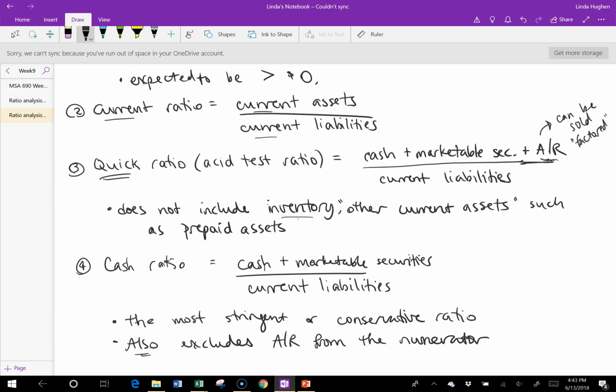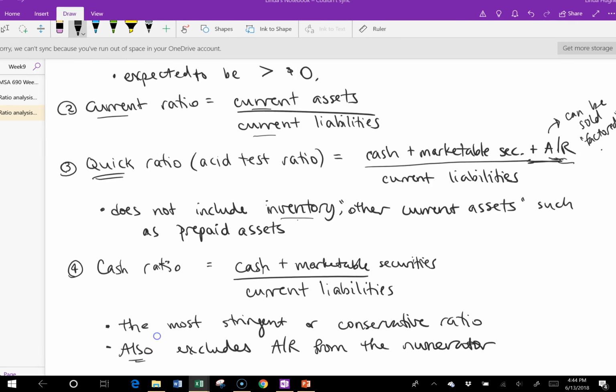We don't want to have to sell off our accounts receivable. We know that if we do factor them, it's going to come at a cost to the company. There's going to be a fee that's paid. So this is simply the cash that's laying around for purposes of paying bills. And so that cash ratio tells us, if we don't have to make any other changes, how does our cash and short-term investments compare to our current liabilities?